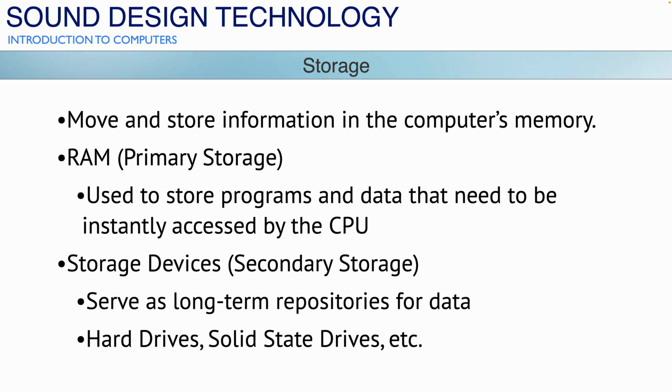The important thing to know about that is it has to be really fast, because this is where the computer stores the information that it needs instant access to. So the RAM is super fast. It stores the data as a pattern of electrical current.